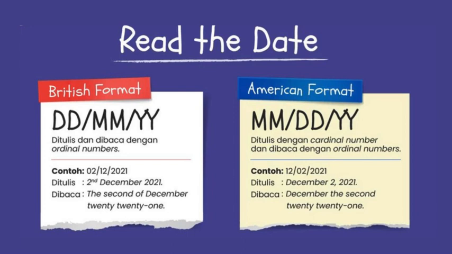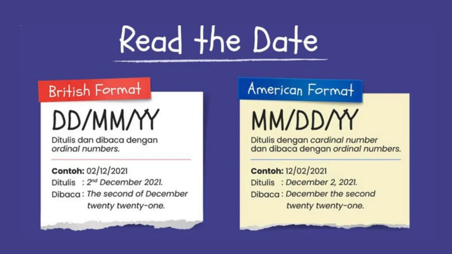The example of the British format is 2/12/2021. It is written with 2 as an ordinal number, with N-D after the 2, and then December, and then 2021.